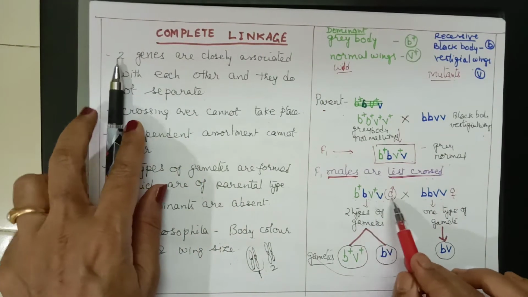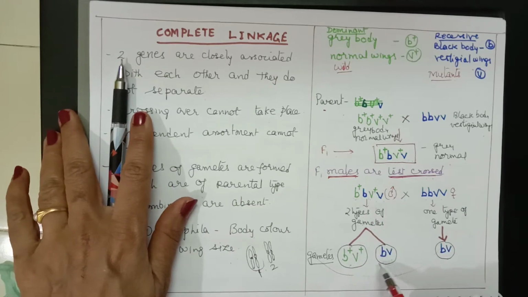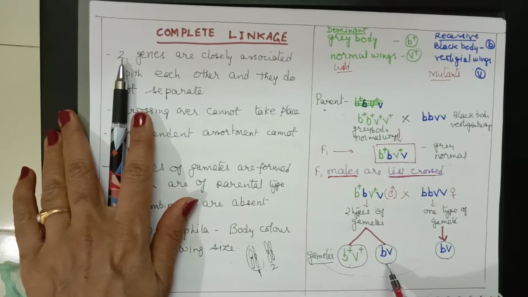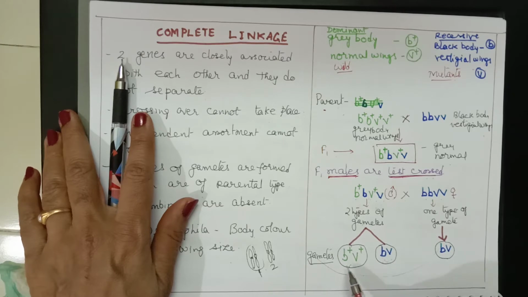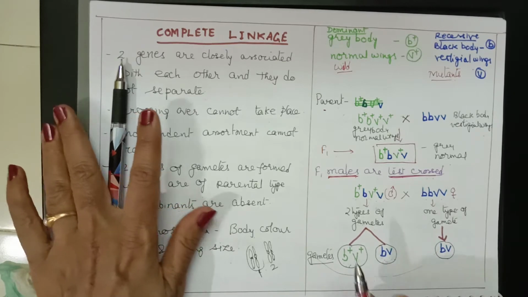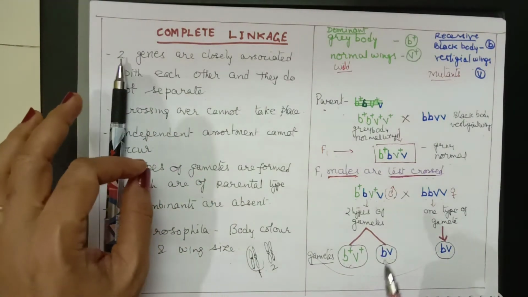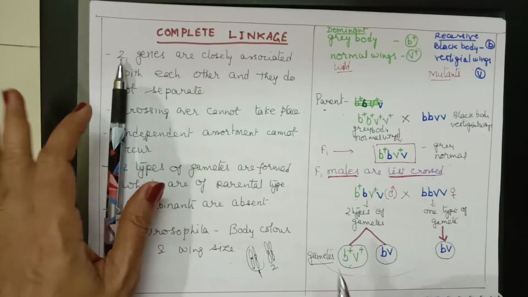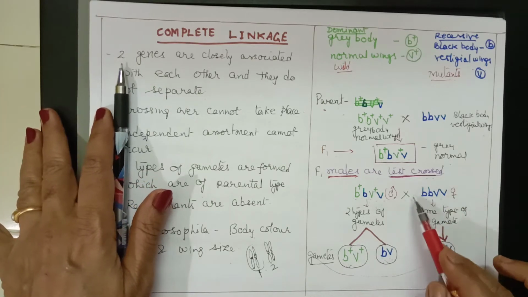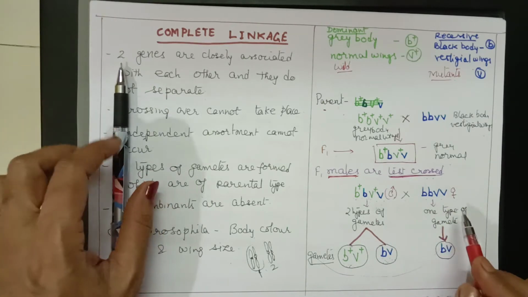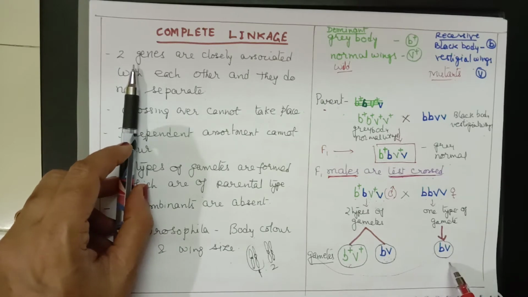Here the males will produce two types of gametes only, B+ V+ and b v, which are parental type. There are no recombinants here. That is the identification for complete linkage: complete linkage is without any recombinants. The recessive parent will produce only one type of gamete.